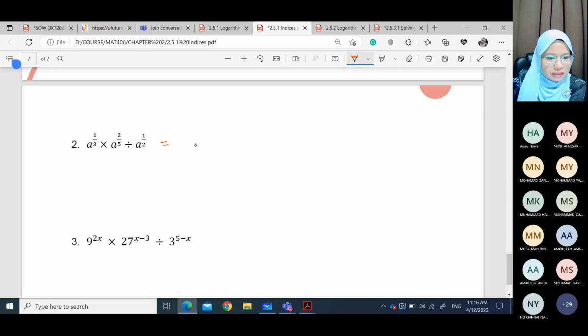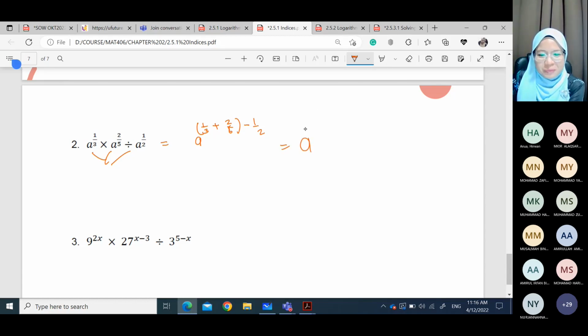So ia adalah juga sama dengan base dia sama. Base are equal. So we have A to the power of 1 over 3 plus 2 over 5. Okay. This one. And then darab bahagi minus 1 over 2. Ya, betul.